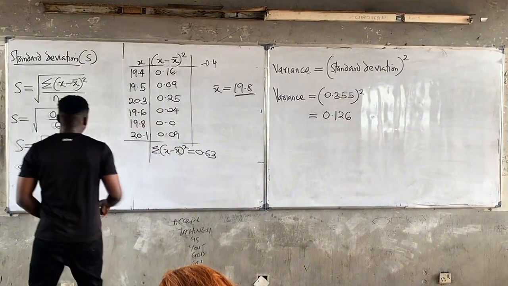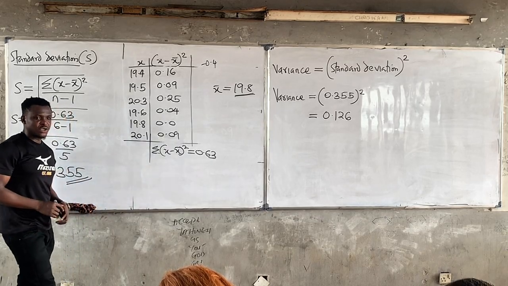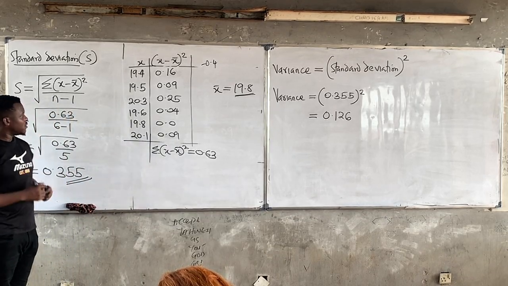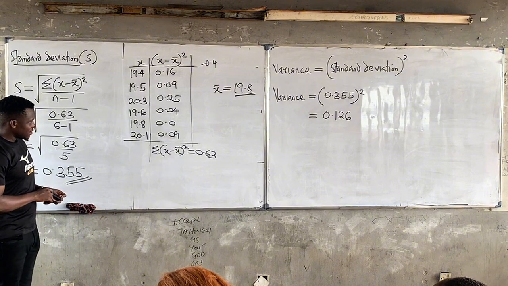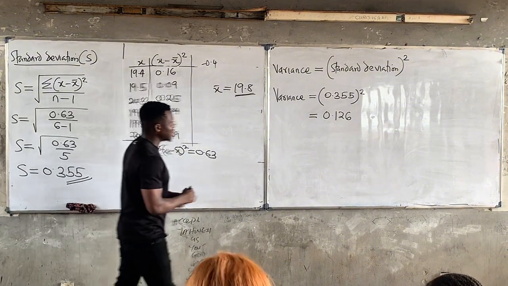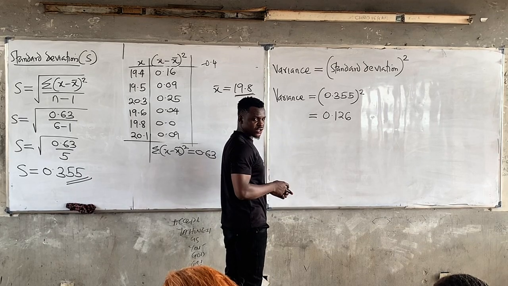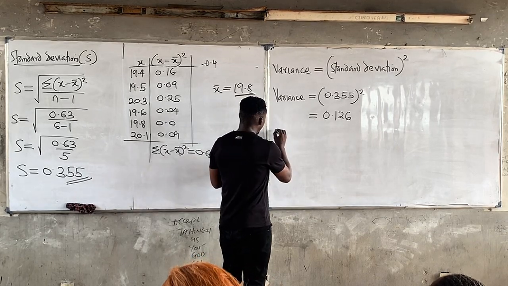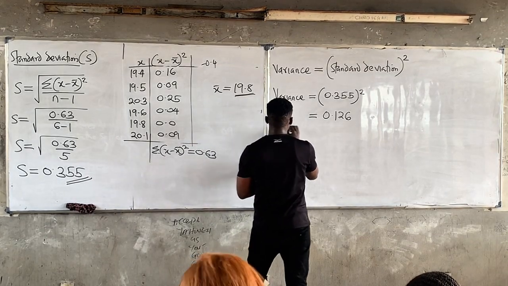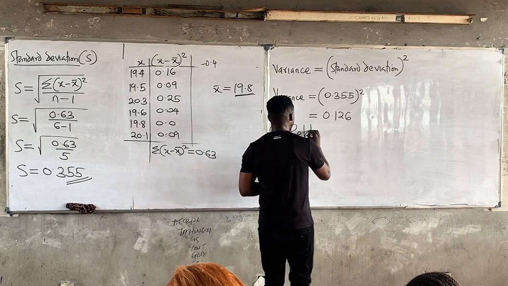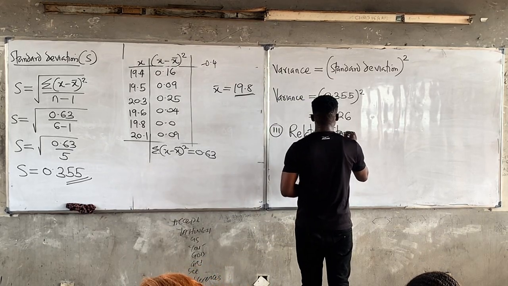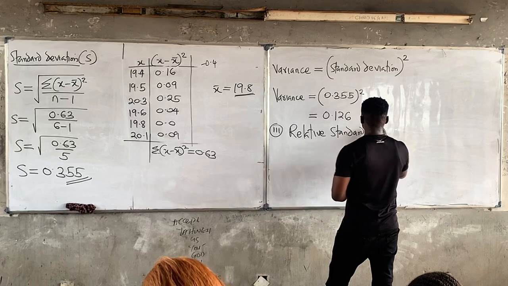Okay. So before I proceed to solve the next question, let me quickly solve for other parameters. Now, what were the other parameters? The ones I listed out first for us, not the ones in the exam question. Let's say you are asked to solve for relative standard deviation.